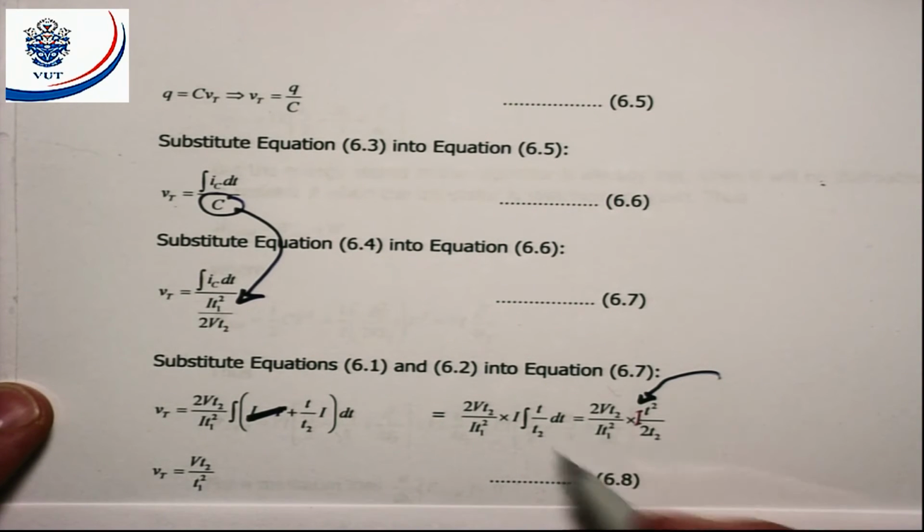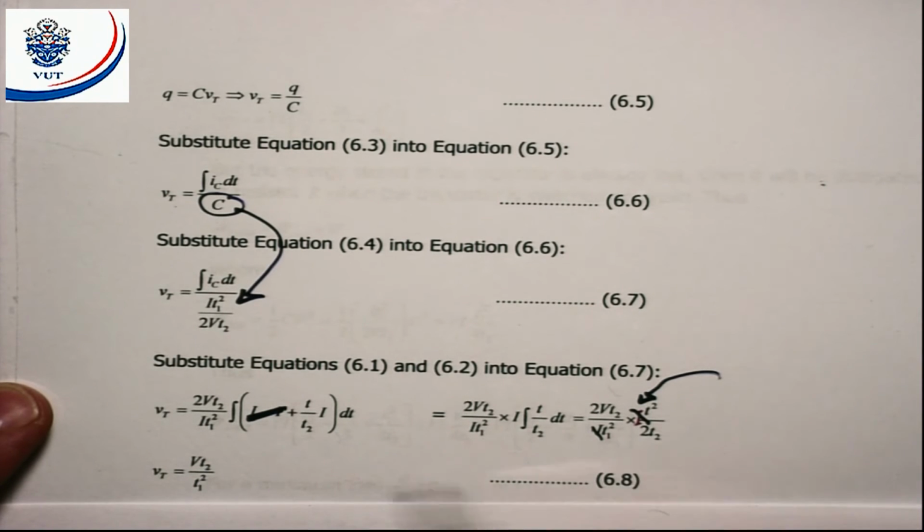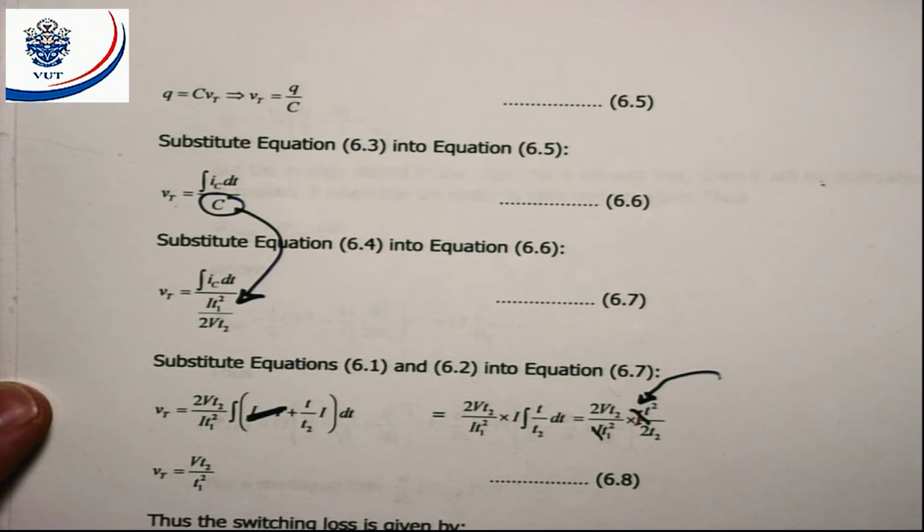If we manipulate everything here, the I's cancel, and we have that Vt is equal to V times T2 divided by T1 squared. So now we have an expression for Vt.